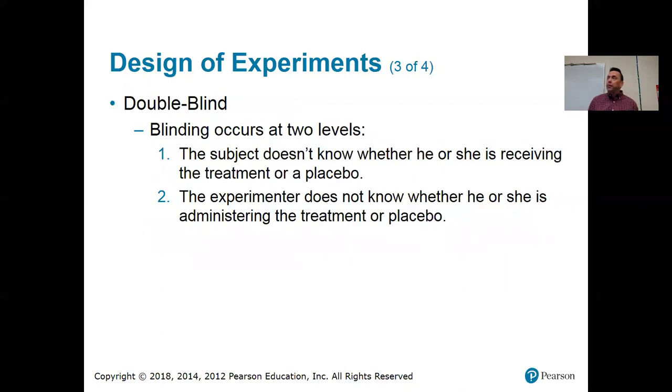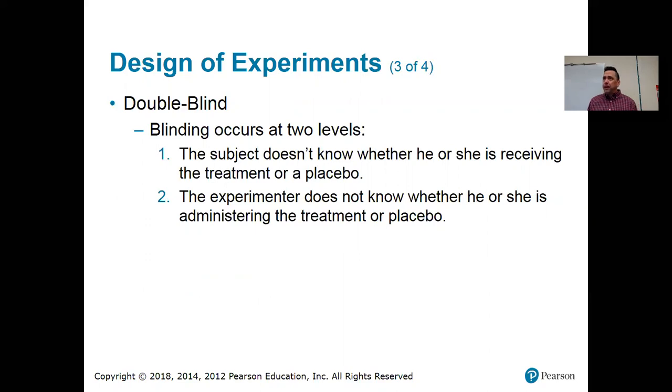Okay, then you have double blind. This is a really, really good method for experiments. This is where the subject doesn't know whether they're getting a sugar pill or not. And again, a sugar pill is just another term for placebo, right? And the experimenter doesn't even know. That's why it's called double blind, right? The subjects are blind and the experimenter is blind, all right?